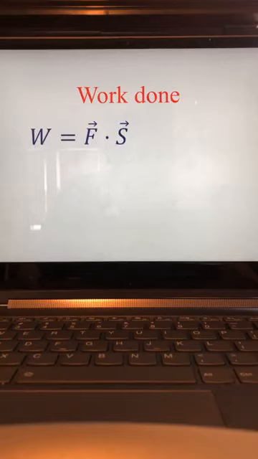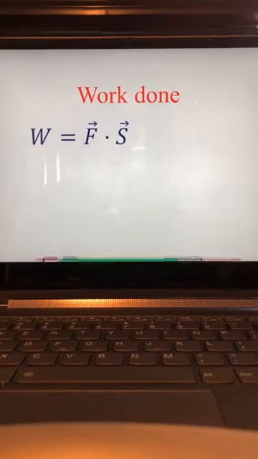You already know the difference between scalar and vector quantity. Force is a vector quantity, displacement is a vector quantity. When we take the dot product, the product gives you the work done, and that work done is a scalar quantity. Its unit is joules.